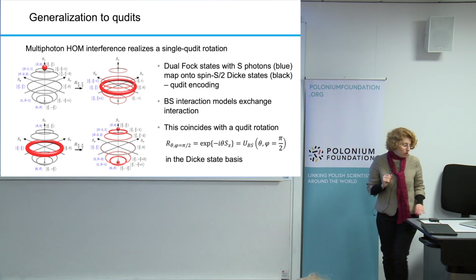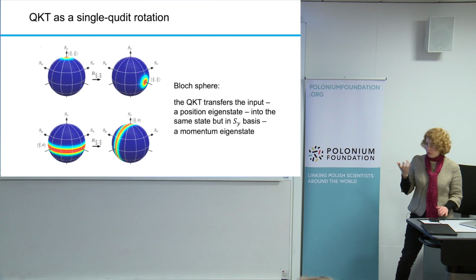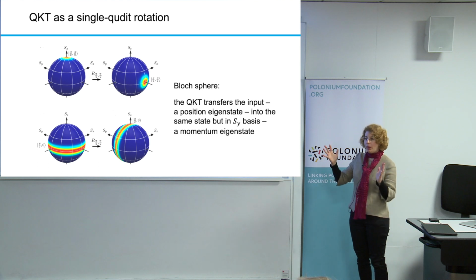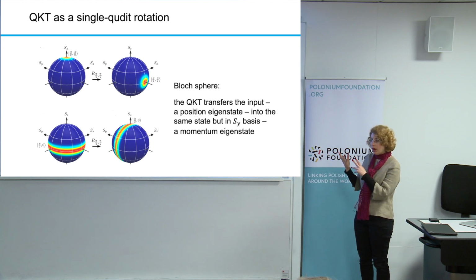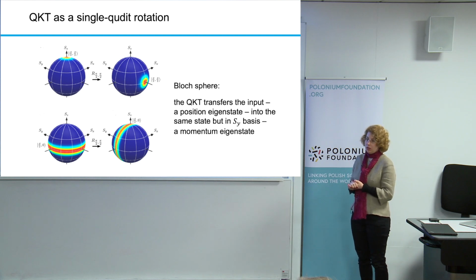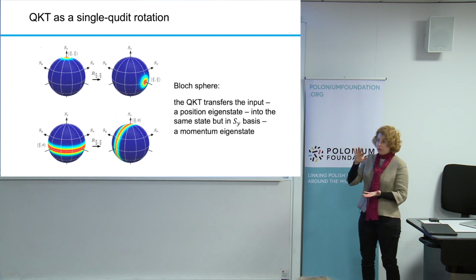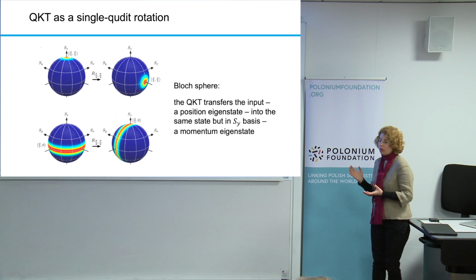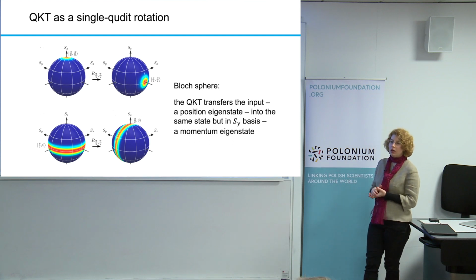So, as I showed before, while the Fourier transform is a rotation on the plane, this Kravchuk transform is a rotation on the Bloch sphere. And it's very easy to understand how the input state will transform just by computing its probability or quasi-probability function and displaying it on the Bloch sphere.